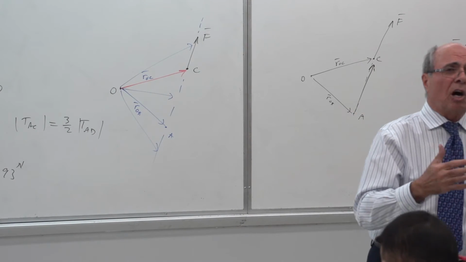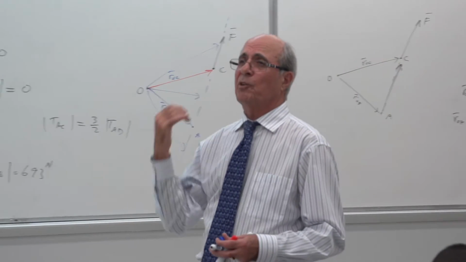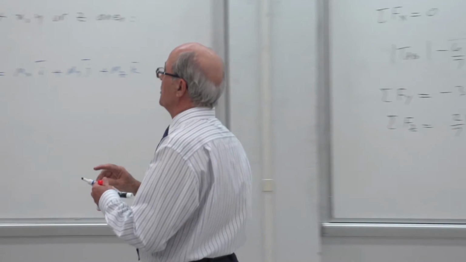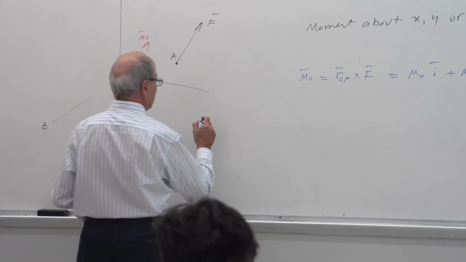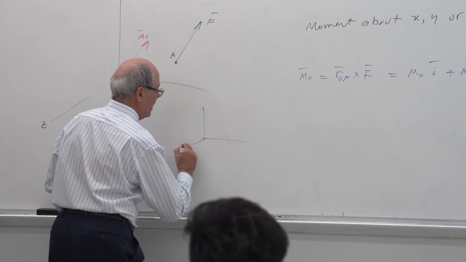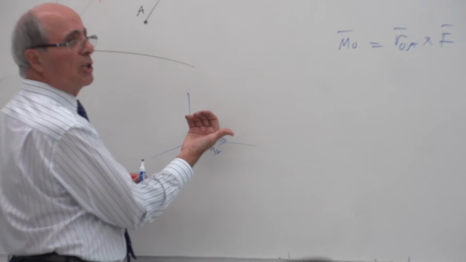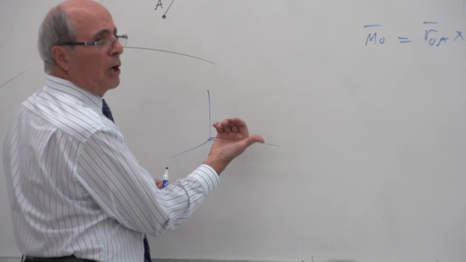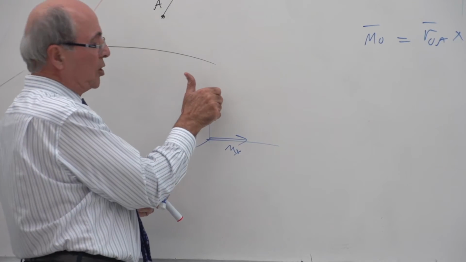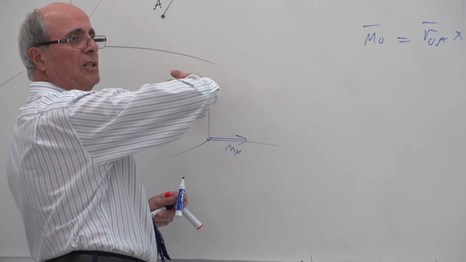The only thing is, how do I determine the sign of it? That's what I showed last time. I showed the sign of that. Please write it down. If the Mx is going this way, put your hand there. Is it plus or minus? This is plus, this is minus. This is plus, this is minus.